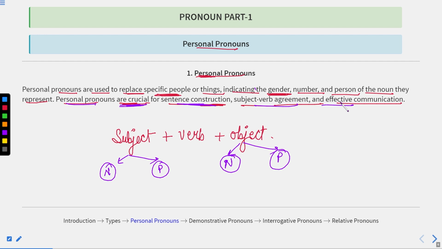So I should keep in mind that while I'm using any word for a girl, I can only use the pronouns which are related to feminine gender. I cannot use any pronoun which is related to some other gender. So these are personal pronouns, and in personal pronouns we have various factors that make the sentences of personal pronouns.